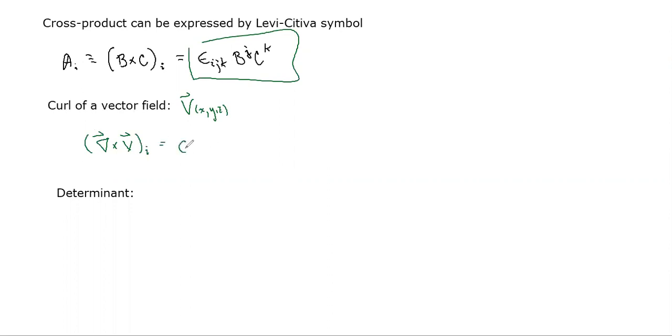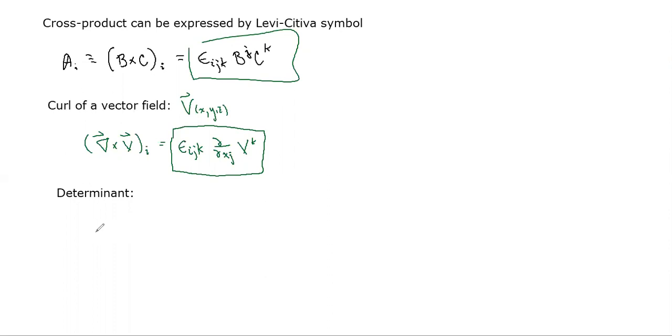I have the epsilon ijk, and then I have d by dxj acting on v. And so the role again of the Levi-Civita symbol is it makes all of the repeated indices 0, and it picks out the permutations and puts the minus sign in where they need to be.